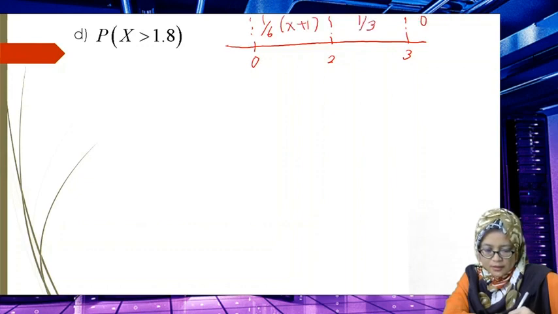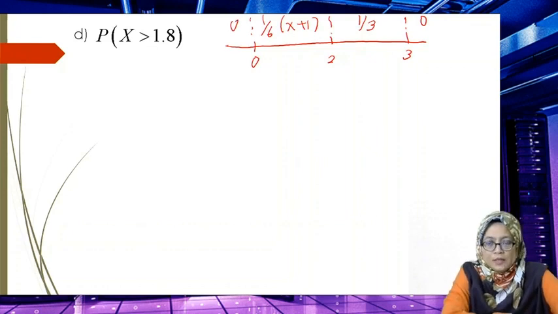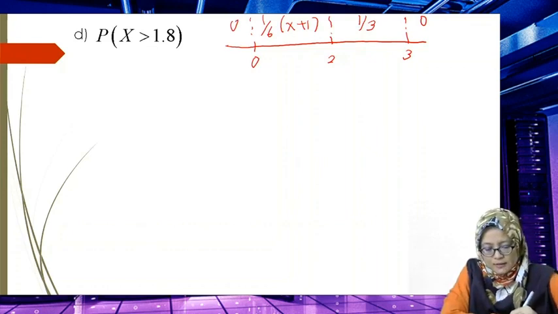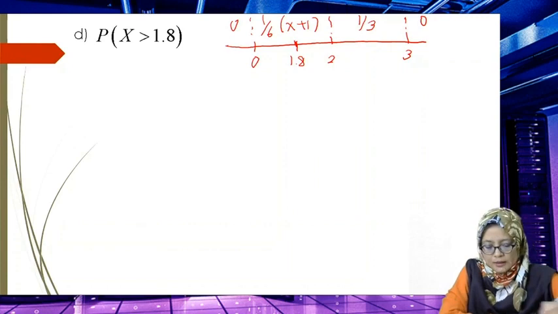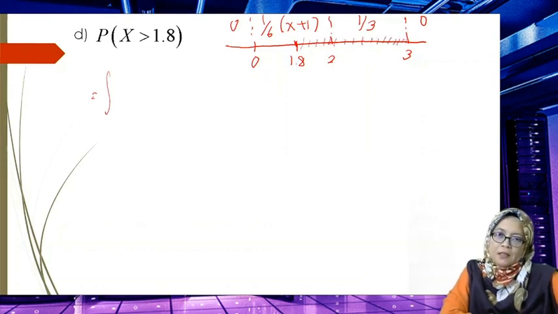So other than it is 0. Okay, so x greater than 1.8. 1.8 is here. Ini 1.8. Okay, so sama macam tadi juga. So awak boleh integrate daripada ni yang kita nak cari lah, 1.8 sampai paling maksima dia punya interval sampai 3.